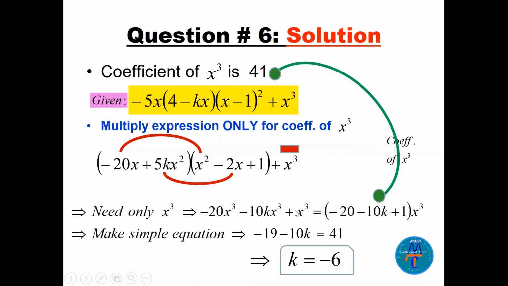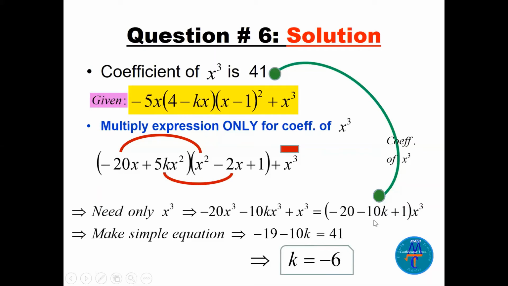Minus 20 plus 1 will be minus 19. And then minus 10k, that's the coefficient here, is equal to 41. So you take minus 19 to the other side, 60. 60 divided by minus 10 is minus 6. This is the k.